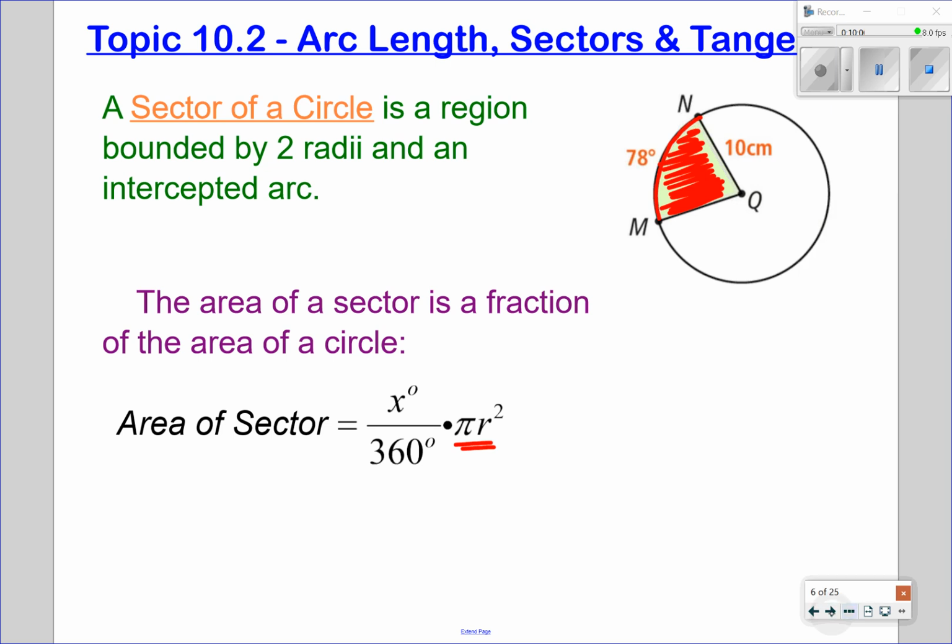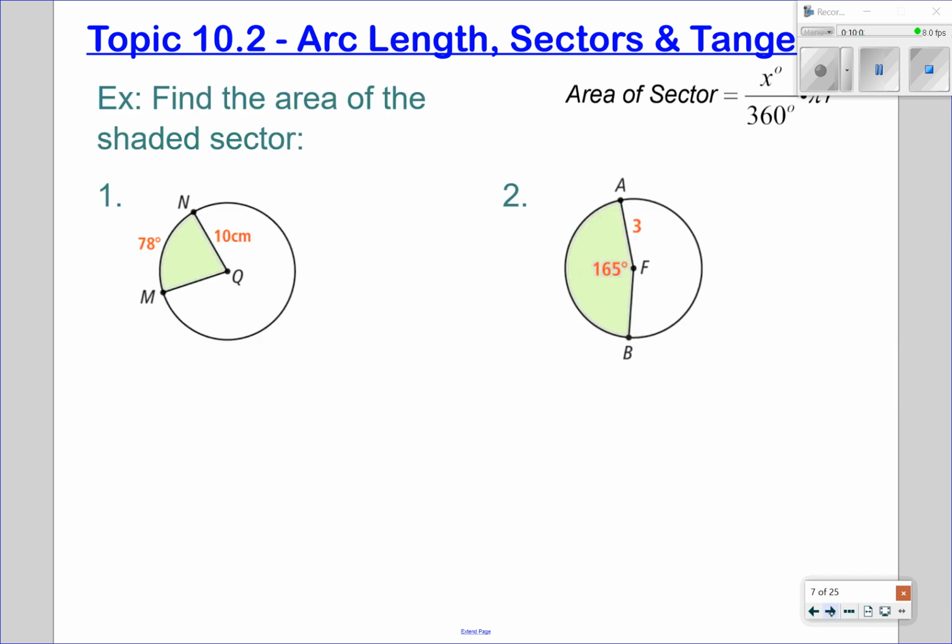So let's go forward. Let's give it a whirl. So it says find the area of the shaded sector. Well, this is our circle from the last page. So the area of this sector would be 78 over 360 times our radius squared times pi, or pi r squared.